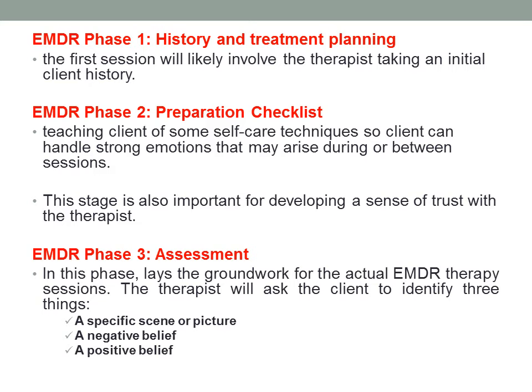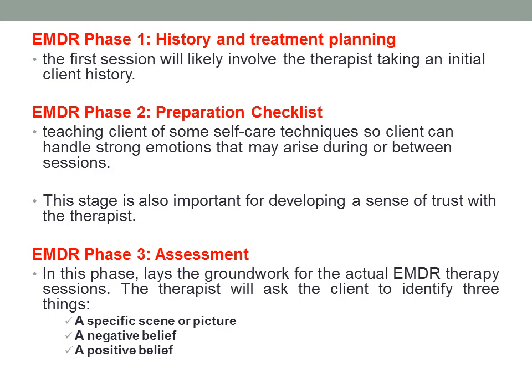This positive belief should reflect what is appropriate in the present. For example, perhaps the client survived an assault with the subsequent negative belief, I am in danger. The client might replace it with the positive belief, I am safe now.